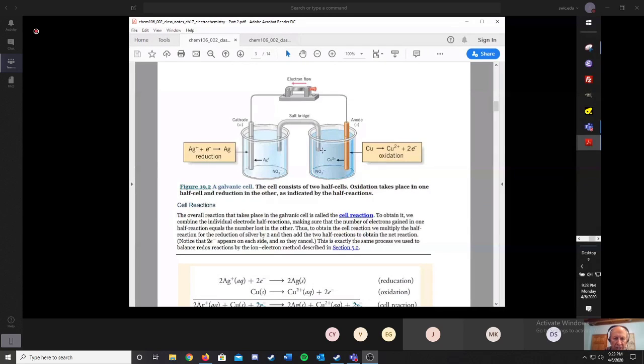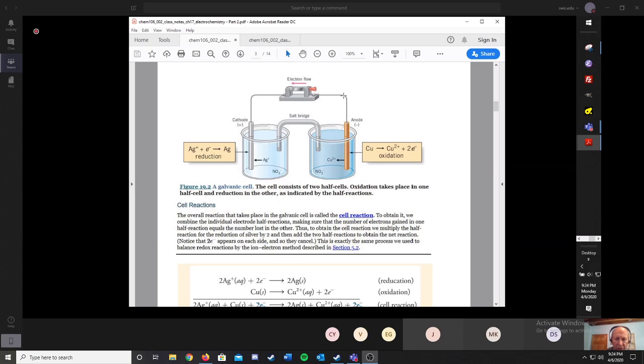So the salt bridge allows ions to travel through without the solution actually leaking from one side to the other. So whenever copper is oxidized, the electrons travel up the anode and they come to this wire.